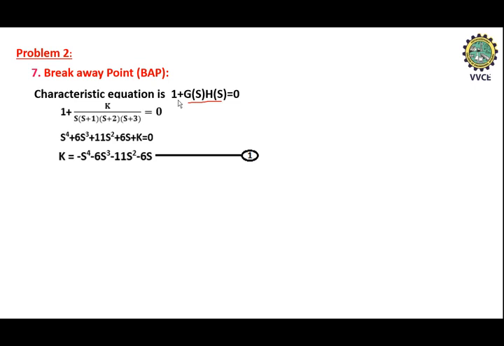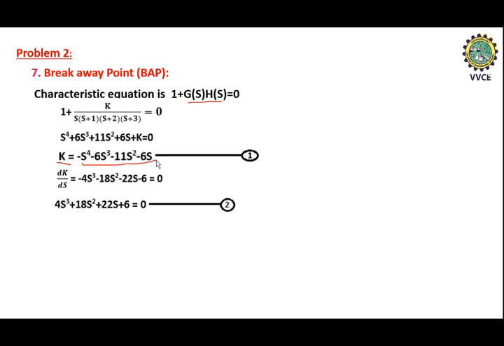To this, separate the k term and the s term on the left hand side and right hand side. Call that equation number 1. Next, differentiate equation number 1, dk by ds, that gives minus 4s cube minus 18s square minus 22s minus 6 equal to 0. If you send that to the right side, it will become positive. Call that equation number 2.